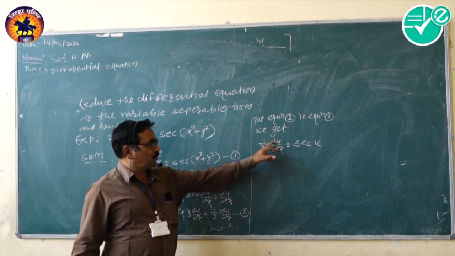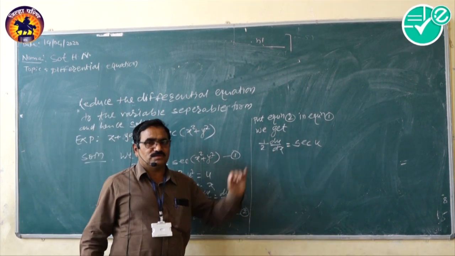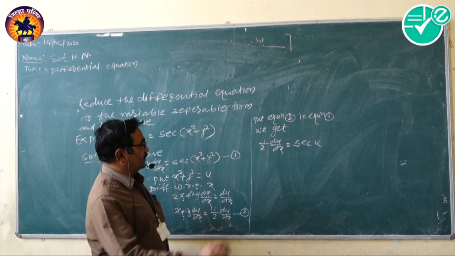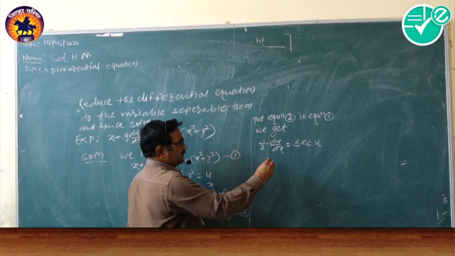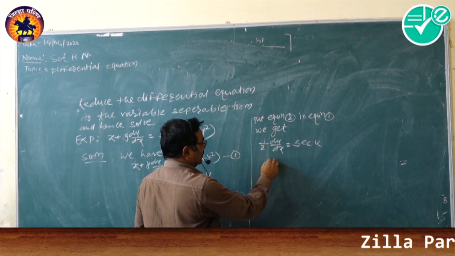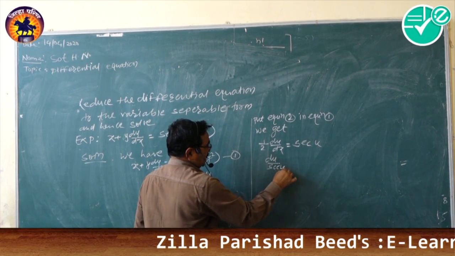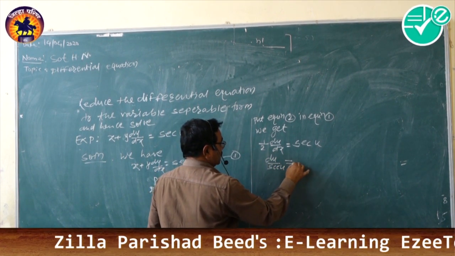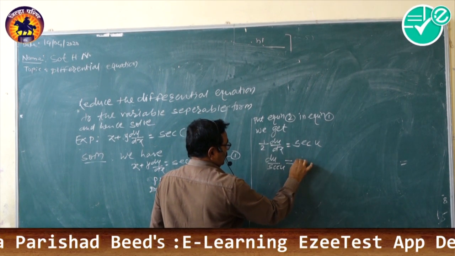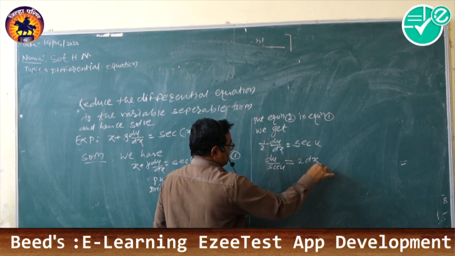Half du/dx equals sec u. We take the variable separable form, that is du upon sec u equal to 2 dx.